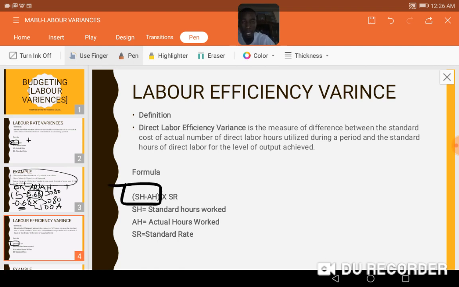If this one is bigger than this one, you're going to have a positive variance, and if it's vice versa, you're going to have a negative variance. So that's one of the ways you can derive your reasons for the variance from the formula.